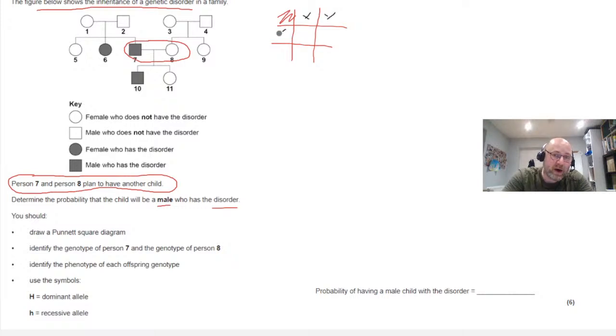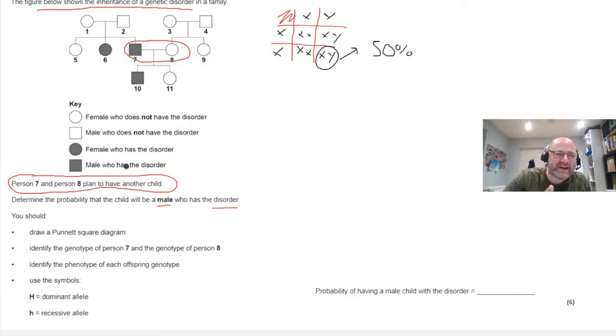I'm going to get 2 marks from this, maybe 1 mark, but I'm going to get this right. Now, if I leave it like this and just say 50%, I want to circle this so the examiner knows that is the boy, that is the male, and I'm going to give that 50%, right?